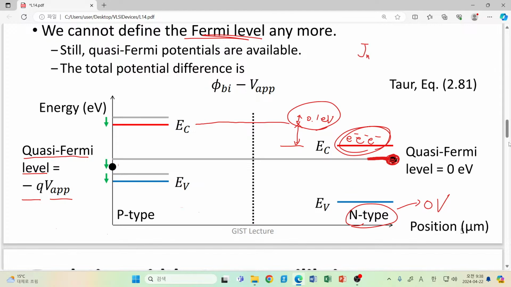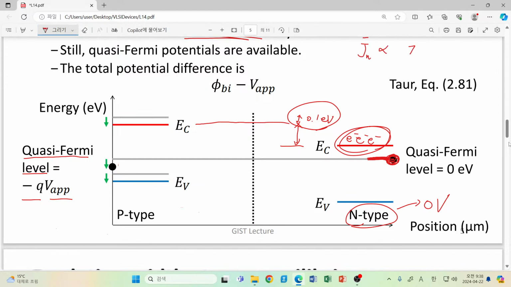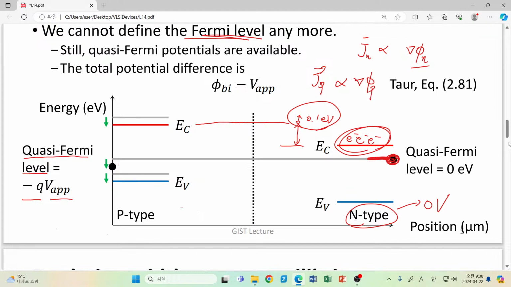For example, Jn is proportional to the gradient of the electron quasi-Fermi level, and the hole current density is proportional to the gradient of the hole quasi-Fermi potential. This simply means that if we have a difference in the quasi-Fermi level end to end, we will have current conduction in this state. Okay.